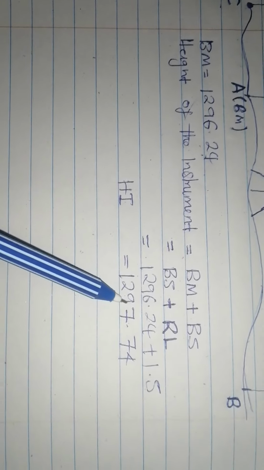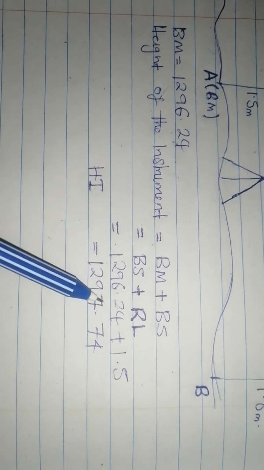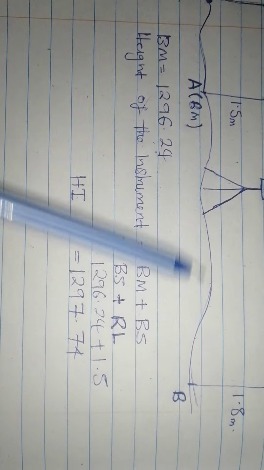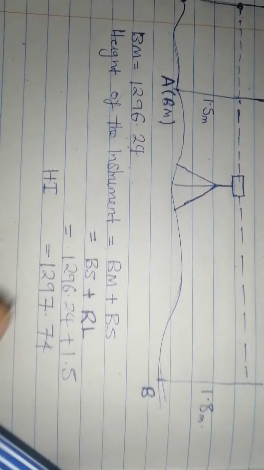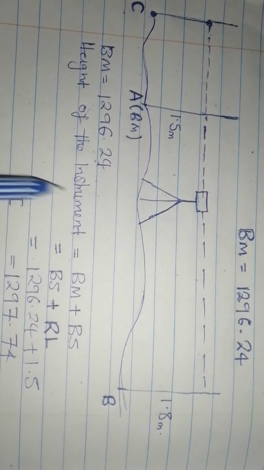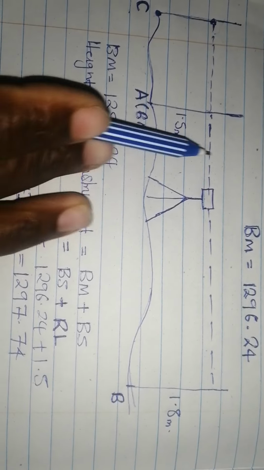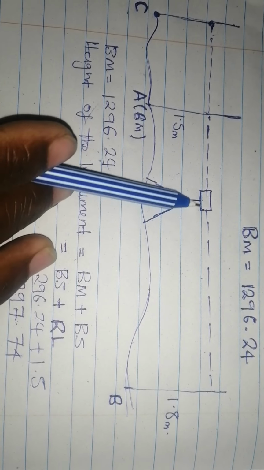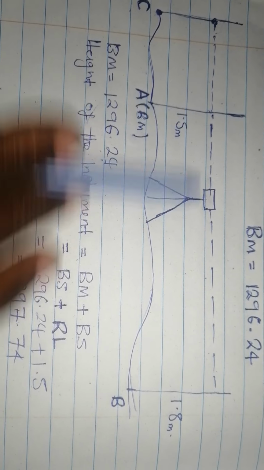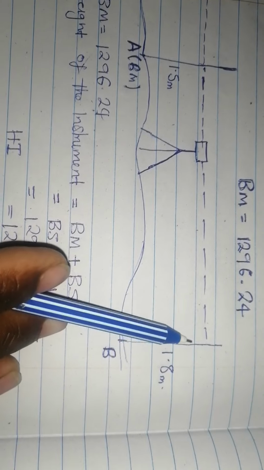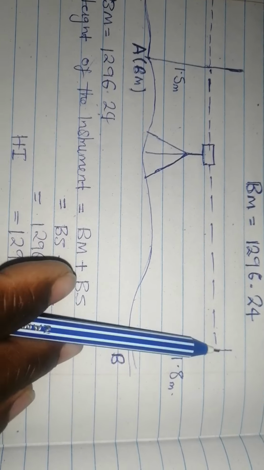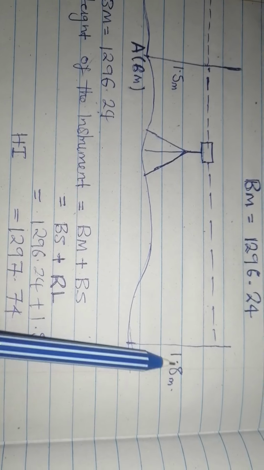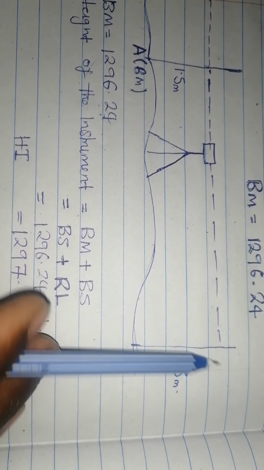Since we have the height of the instrument, we are able to calculate those 2 points, how high they are or how elevated they are from the mean sea level. So let's go ahead. Since you already have this value, you now orient your machine to that staff there, and we read 1.8 at that particular point.